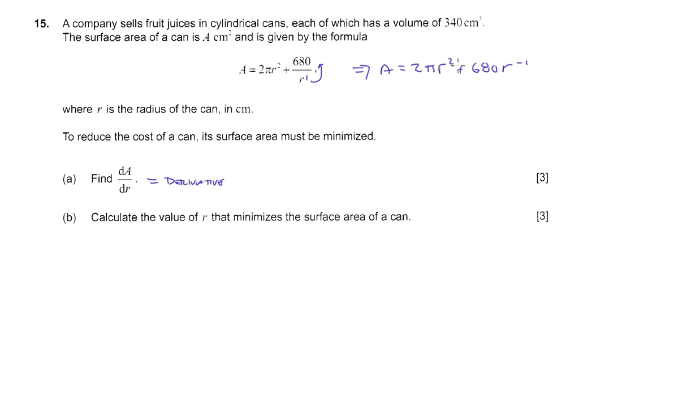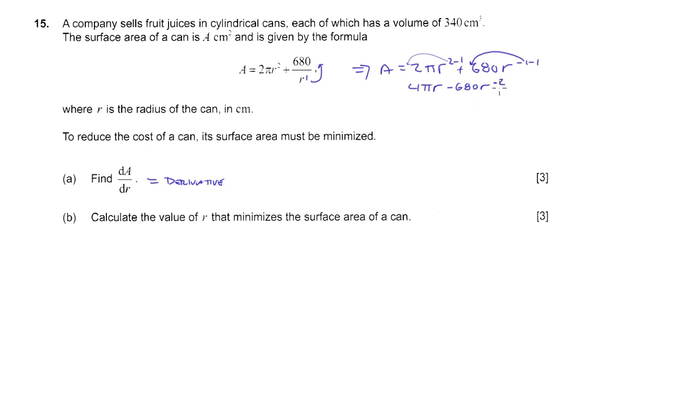Okay, now we can take our derivative. 2 times, so remember this 2 comes out front here, 2 times 2 is 4, so we got 4 pi r, subtract 1 from that, that's 4 pi r to the first, so we can just leave it as 4 pi r. And then this negative 1 times 680 is negative 680. R to the negative 1 and another negative 1 is to the negative second. Okay, so there's our derivative.